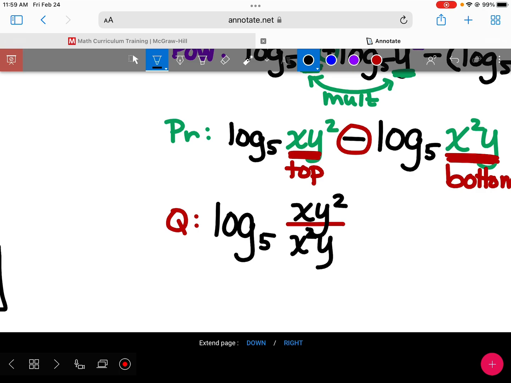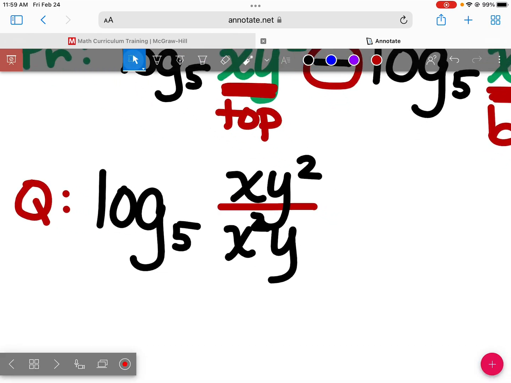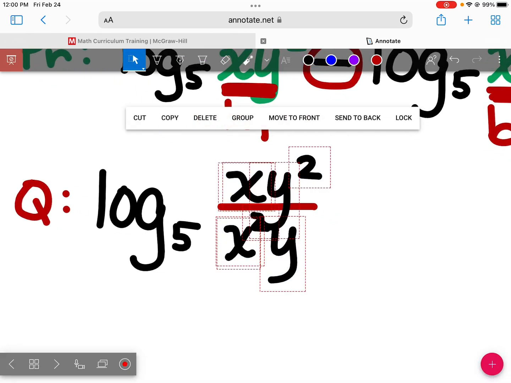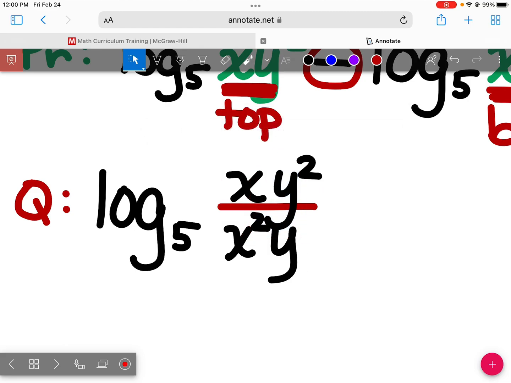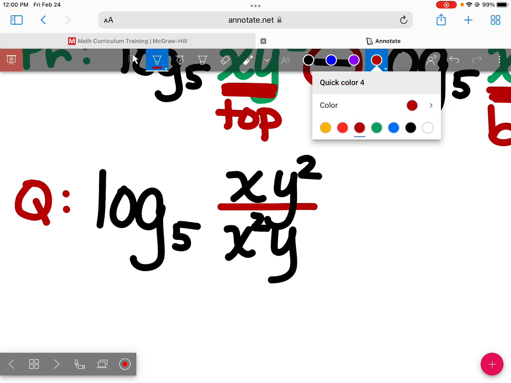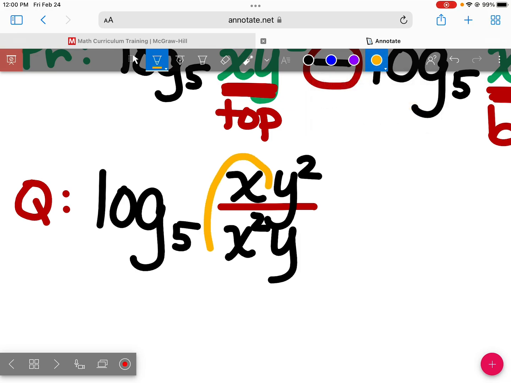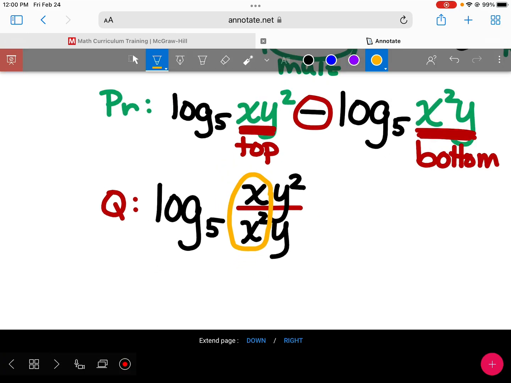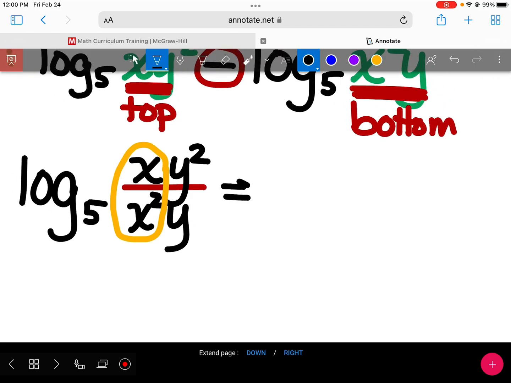Can I simplify that at all? Can I use my properties of exponents? I can. Some of them are going to cancel, yes. So look at the x's. Are there more x's on top or bottom? Bottom. Will the one on top cancel with one of the ones on the bottom? Yes. Here, let me write this out a slightly different way. Do you have to simplify?